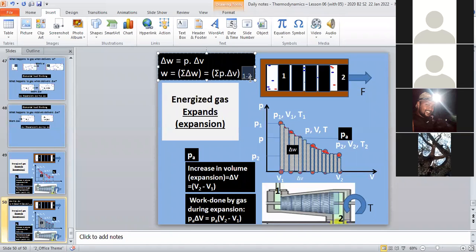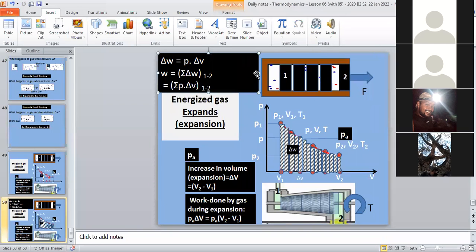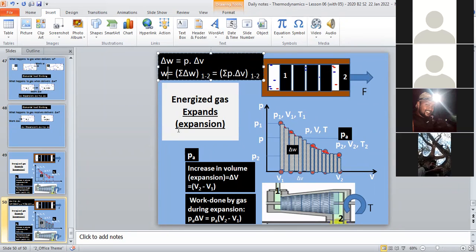Start from the point V1 there, V1. Okay, good.